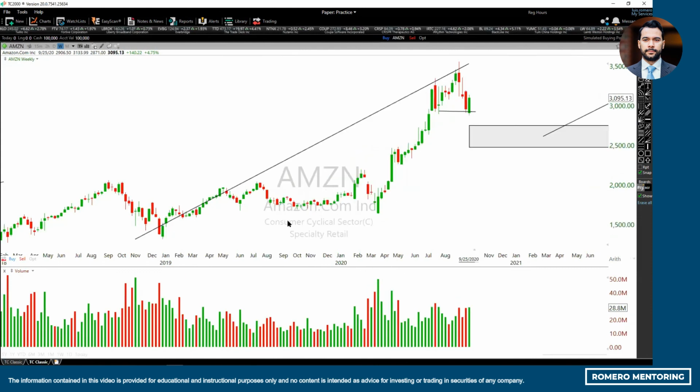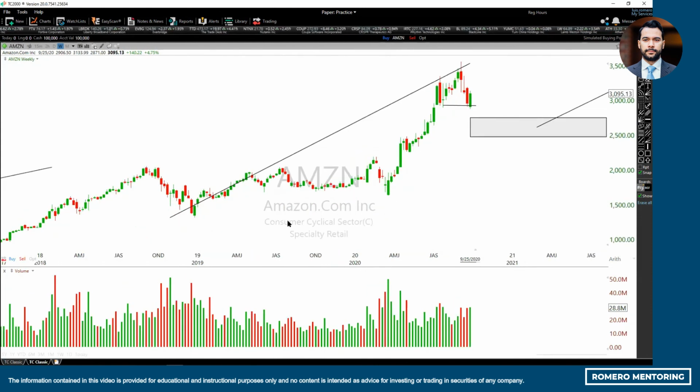I'm just giving you a different perspective to look at the market so that this can help you, not just with Amazon, but with any other company that you may have in your portfolio or any company that you may be thinking of buying. Apply this process, apply this methodology, which would help you become a better investor.